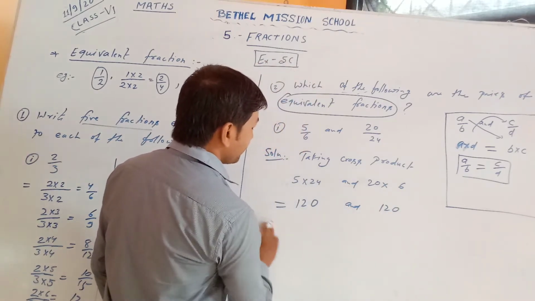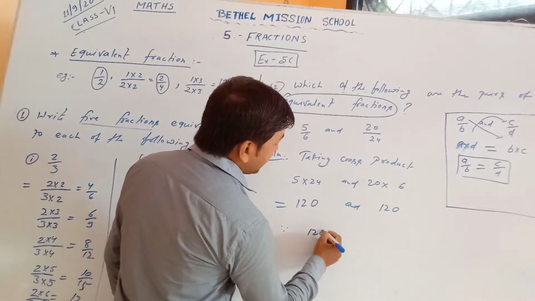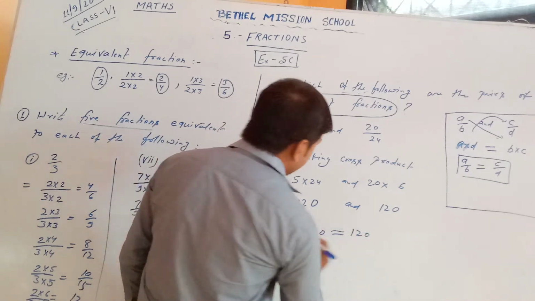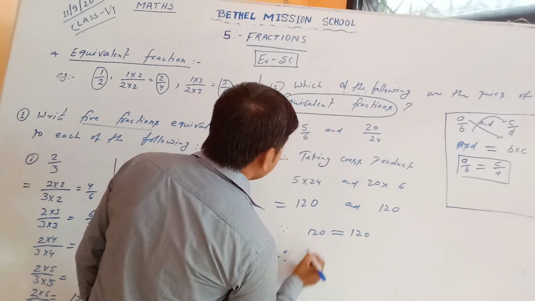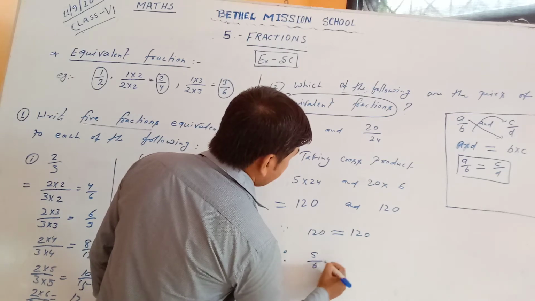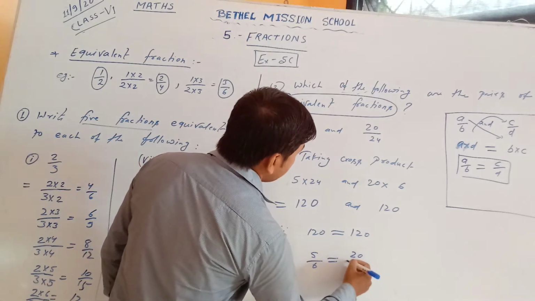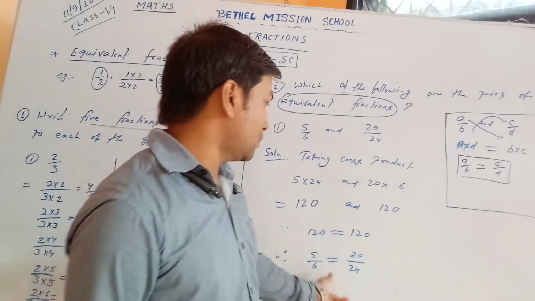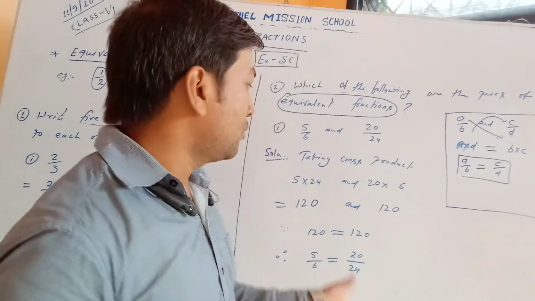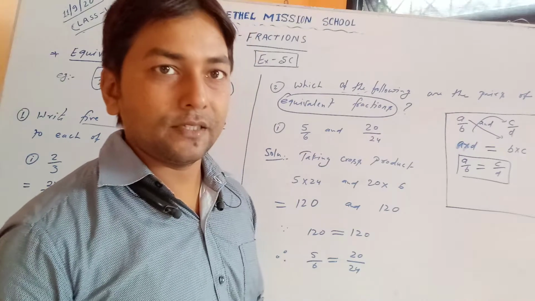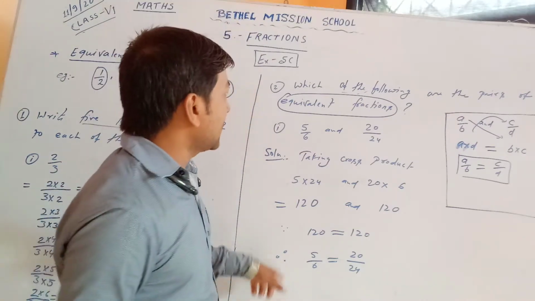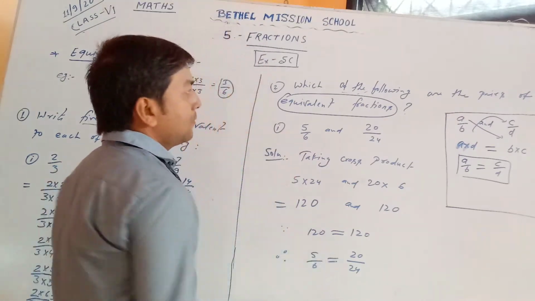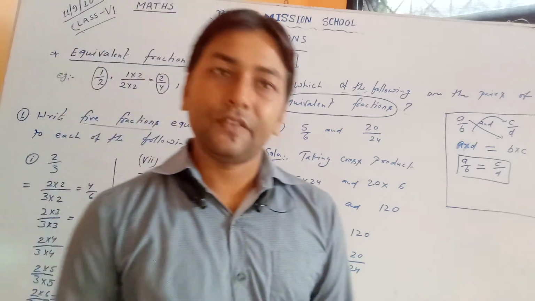Since 120 equals 120, therefore 5/6 equals 20/24. Both are equivalent fractions. So at last you can write that both are equivalent fractions.